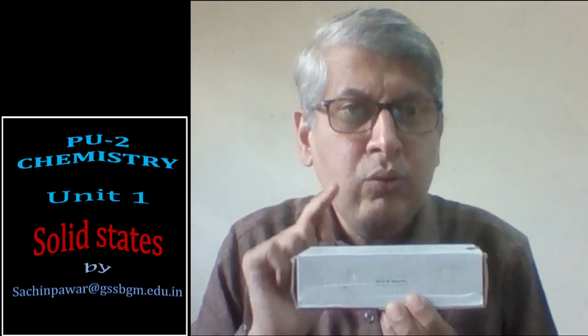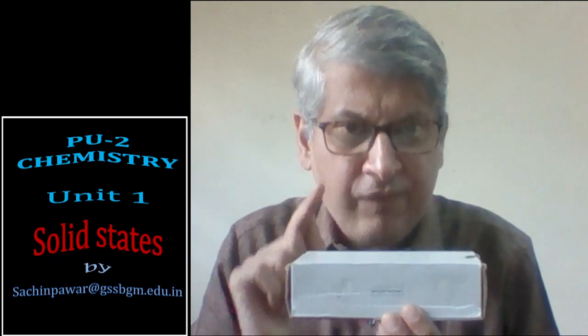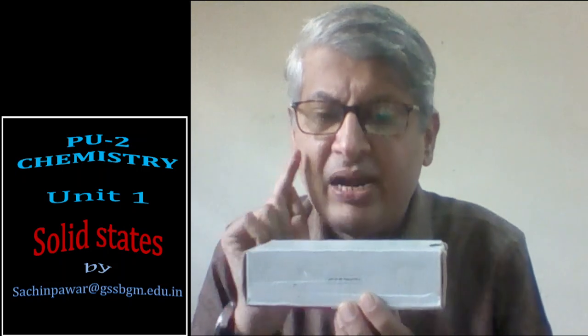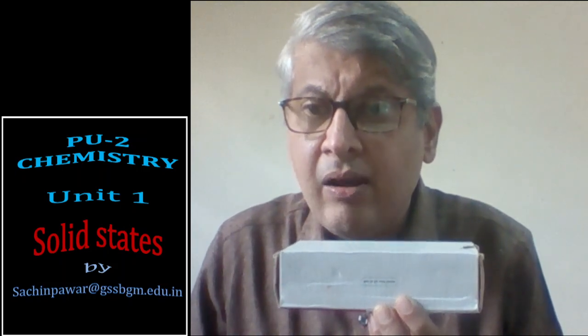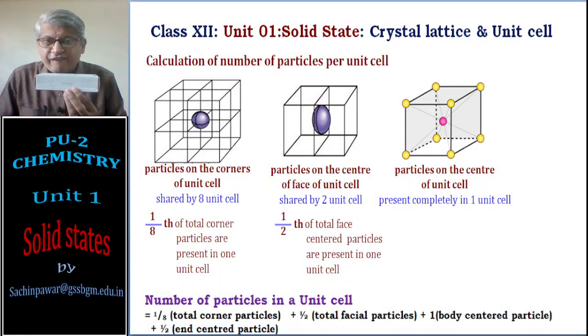So if I have to count the particles at the center of the faces, then I need a multiplier that is half. So for a face centered particle, I need to multiply it by half.